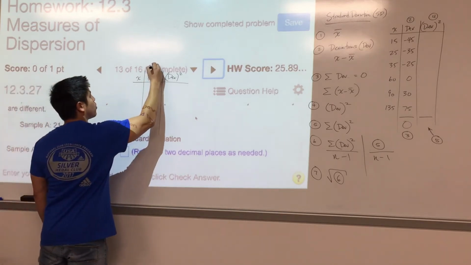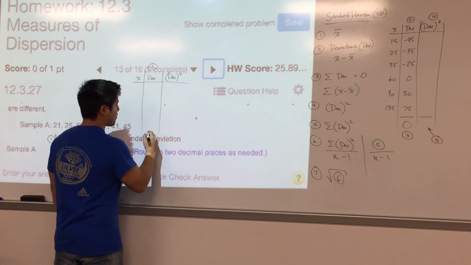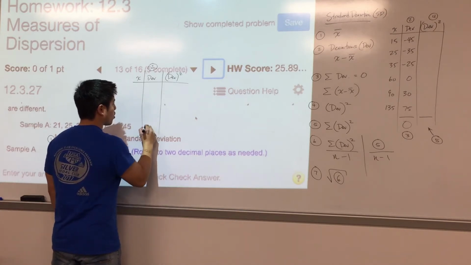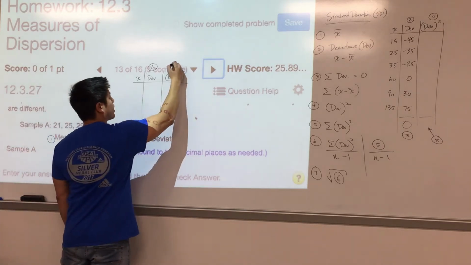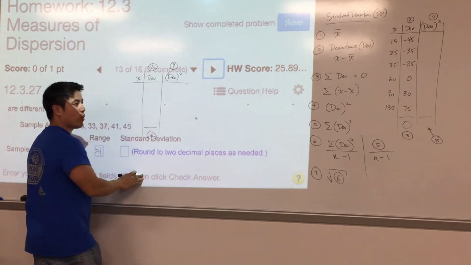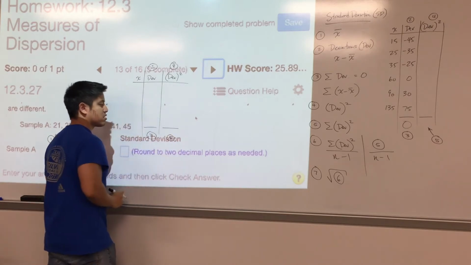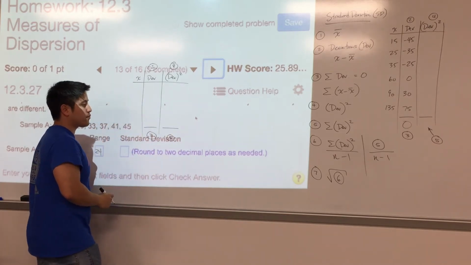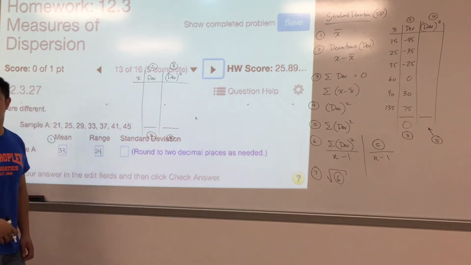Step 2, we need to calculate our deviations. Step 3, we need to check our work. Everybody agree? Step 4, we need to figure out our deviations squared. Step 5, we need to sum those, add them all up. Step 6, we'll go on with in a moment, okay?